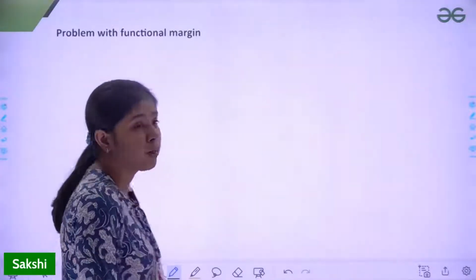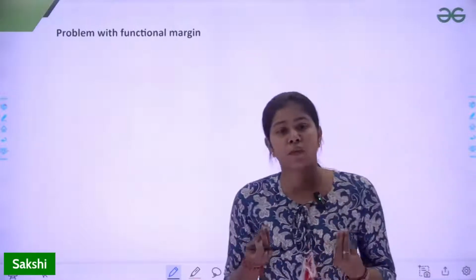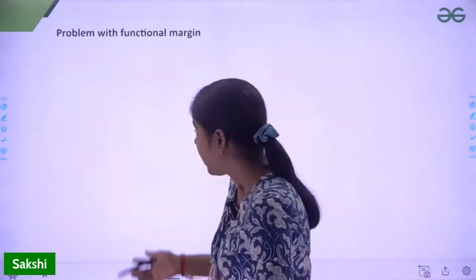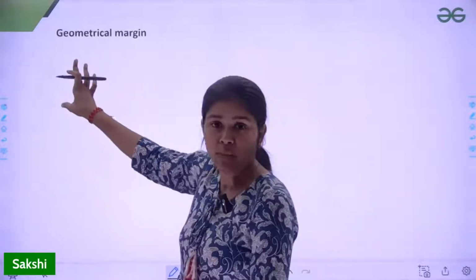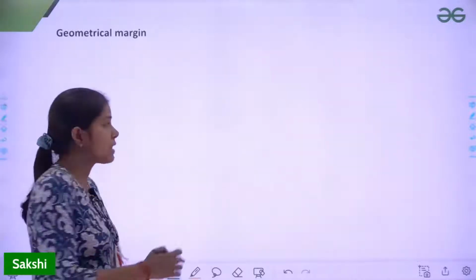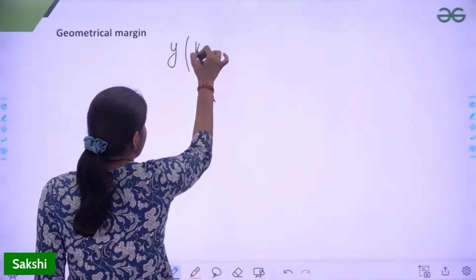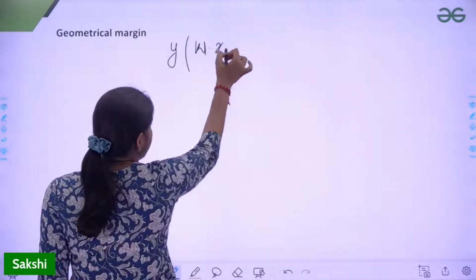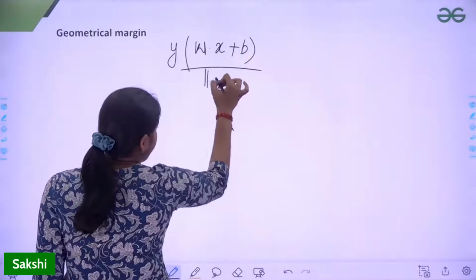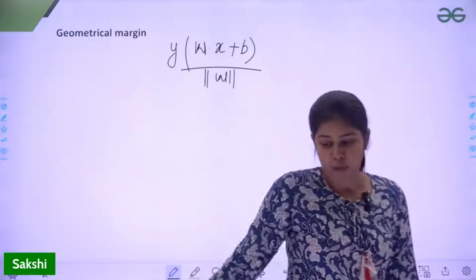So what is the problem with functional margin? I cannot use that to find out a margin distance. So I'll use the geometrical margin. What does the geometrical margin say? I'll do y into (w dot x plus b), and I'll normalize this by the norm of w.